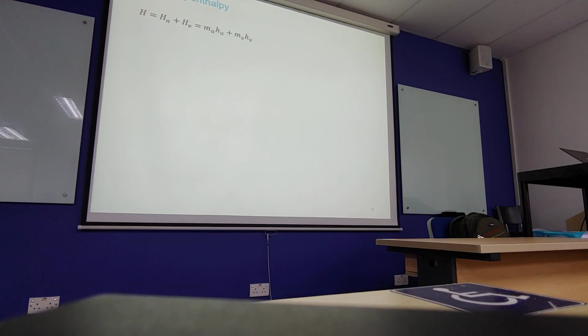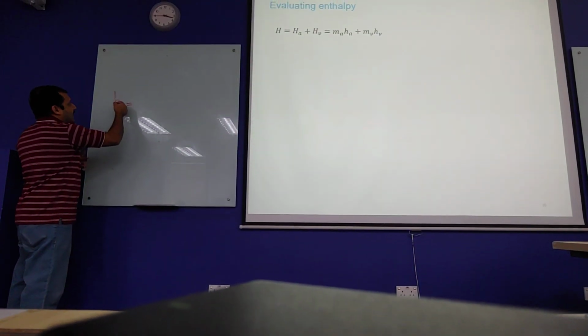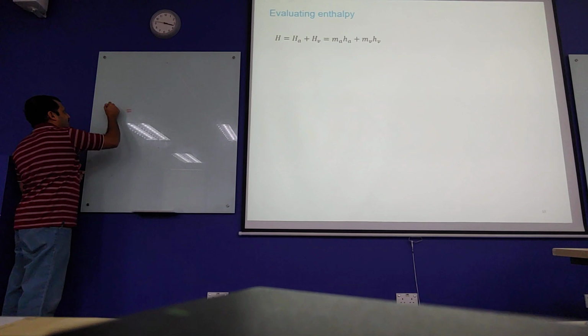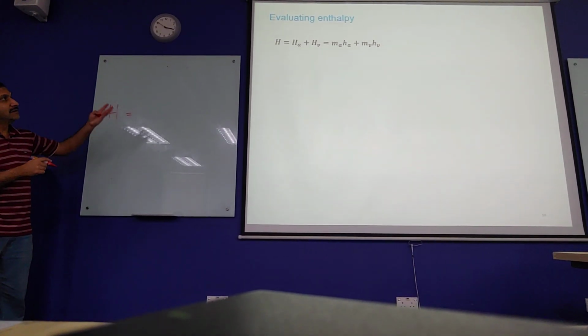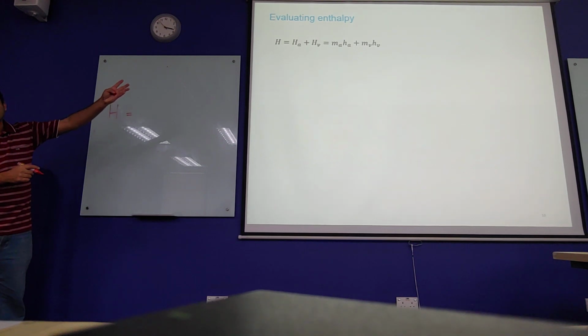How do you write the equation for enthalpy of air? If you want to find the enthalpy of air, any gas, let's say capital, not specific enthalpy, let's say the total enthalpy H. Okay, so that's an equation. But before, how do we get that equation?